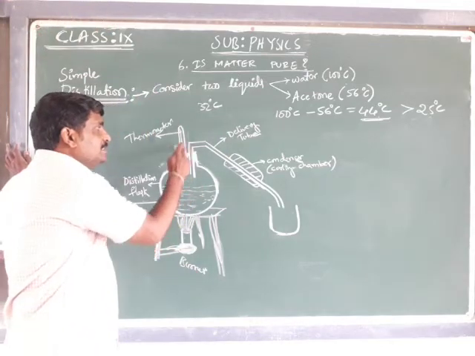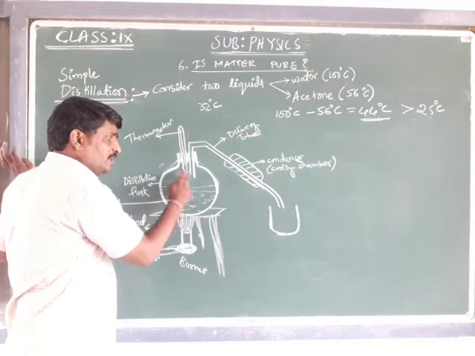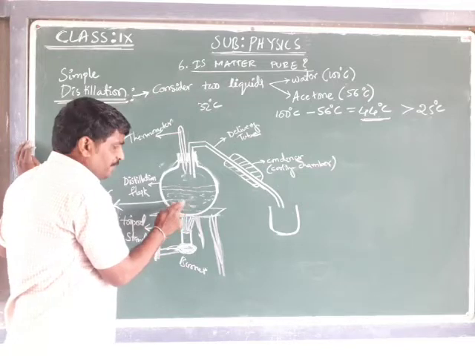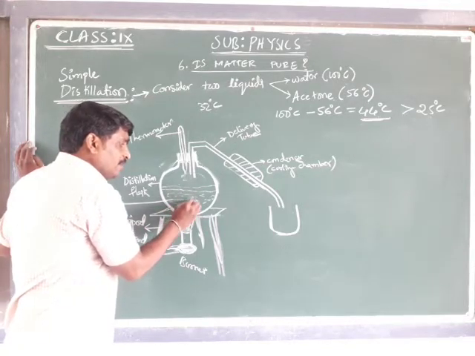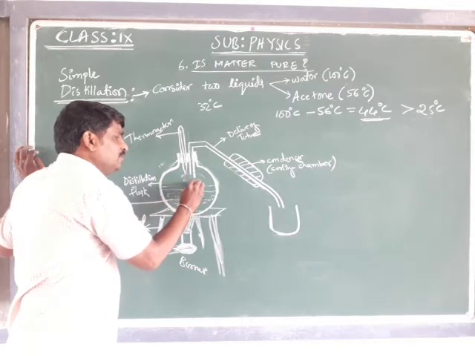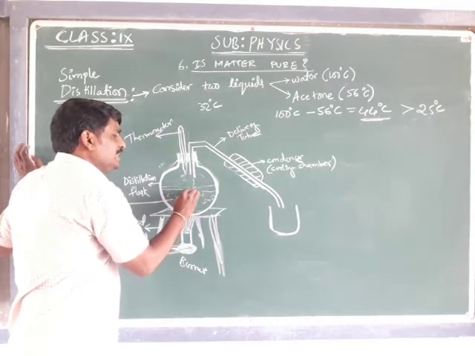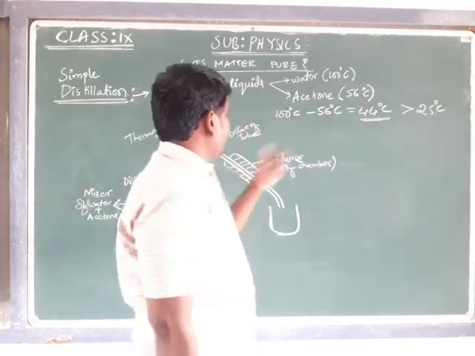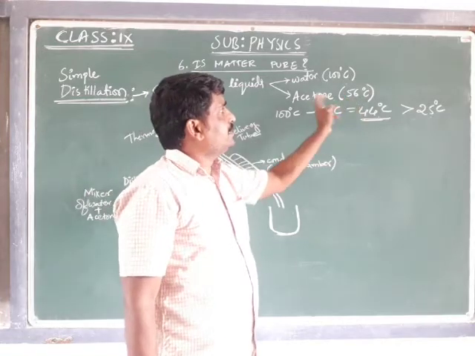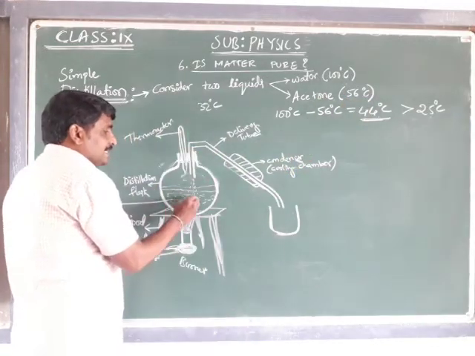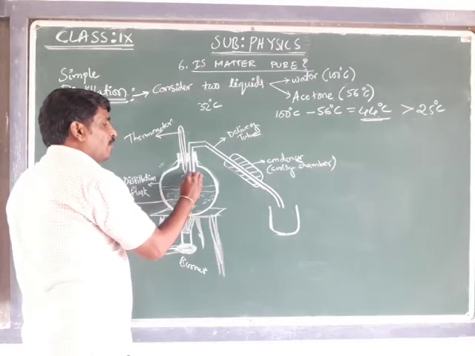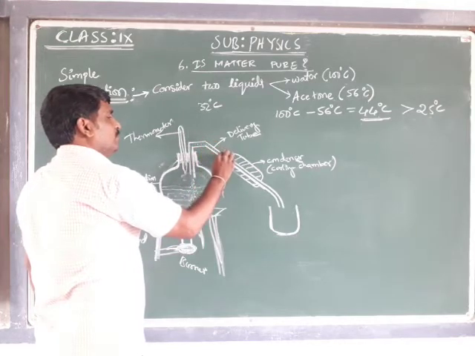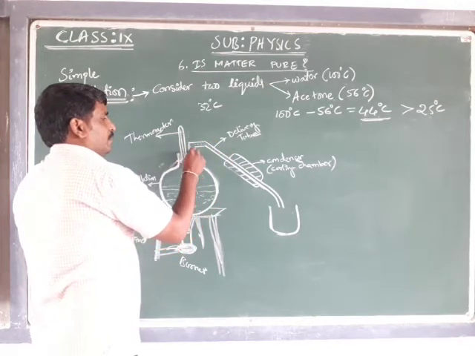When the temperature in the conical flask reaches 56 degrees Celsius, the acetone particles in the mixture of water and acetone start evaporating, because the temperature has reached the boiling point of acetone. They form vapor and travel through this delivery tube, which is connected with a two-hole cork.